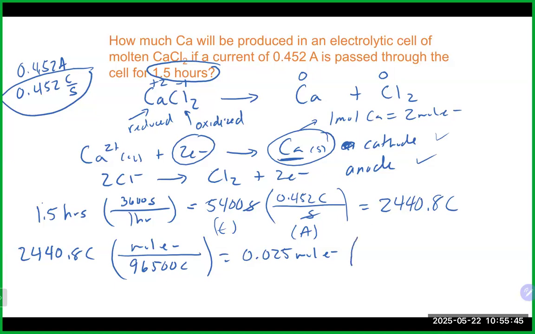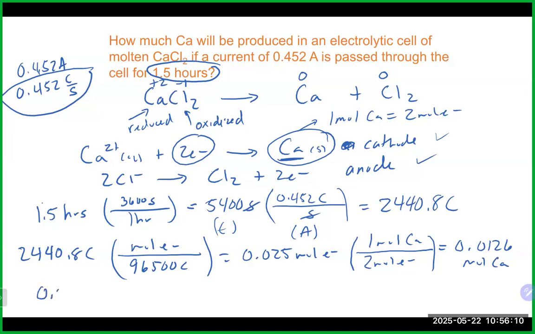So if I do that for calcium, that's going to give me here 2 moles of electrons, and 1 mole of calcium will tell me I will produce here 0.0126 moles of calcium.